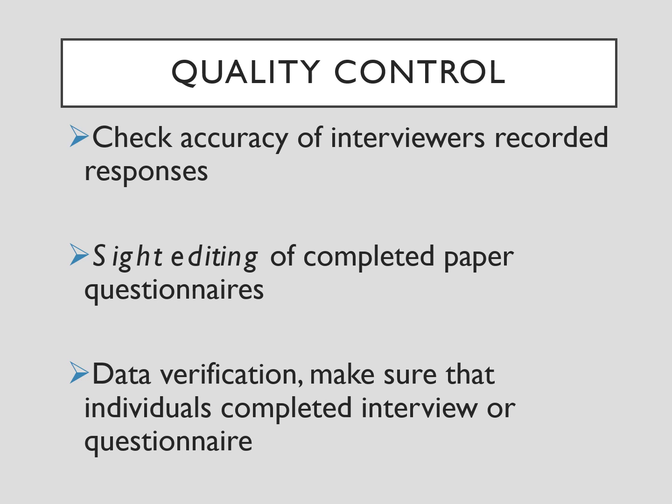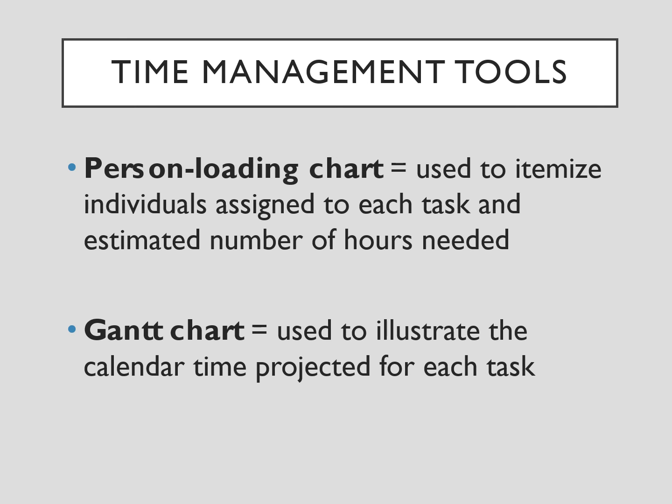And finally, I thought I'd mention a couple different time management tools that are pretty useful. The person loading chart is used to itemize individuals assigned to each task and estimate the number of hours needed. So this can give you a good idea when you're developing a budget of how much you need to spend on specific things as far as tasks are concerned.